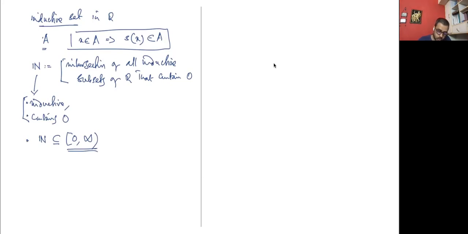So this is one of the sets over which we are taking the intersection while forming this set. So it is going to be contained here. What that tells you in particular is that any natural number is greater than or equal to 0.